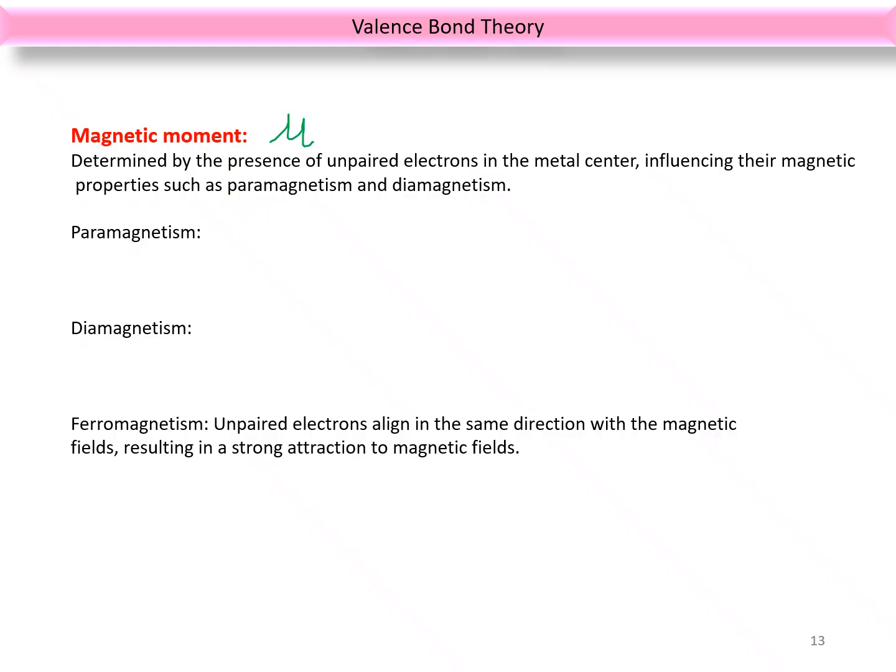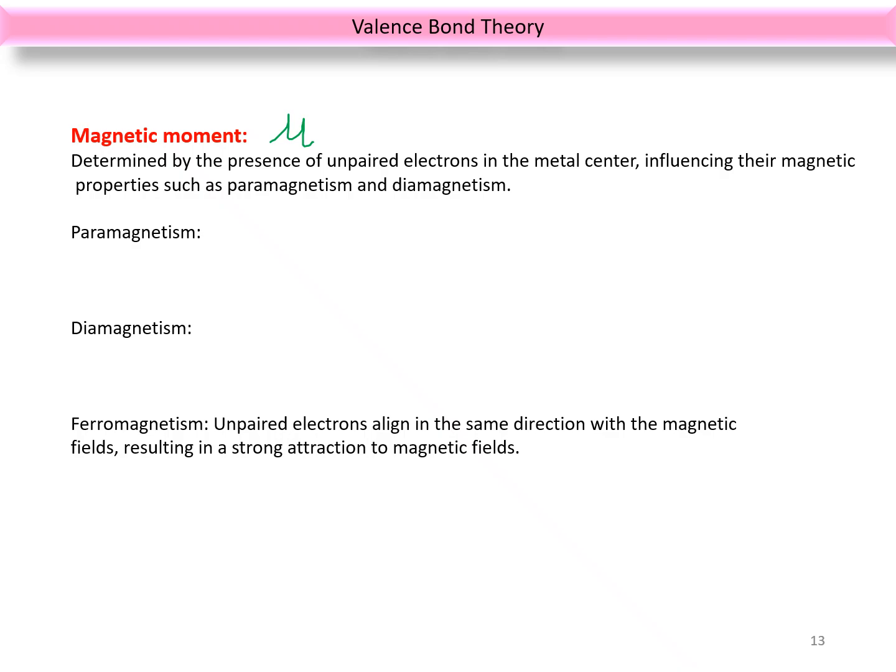So if there are unpaired electrons, the complex will become paramagnetic because the unpaired electrons will align themselves and respond to the magnetic fields around them. Whereas if the complex does not have any unpaired electrons, it repels against the magnetic fields around it.